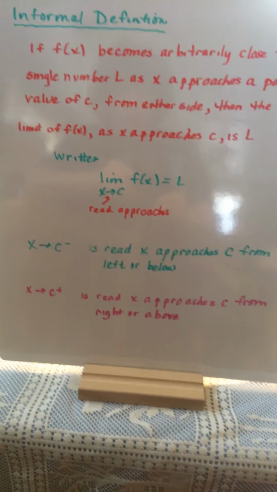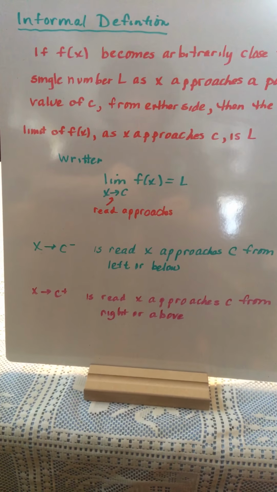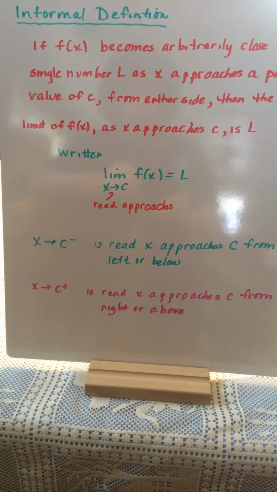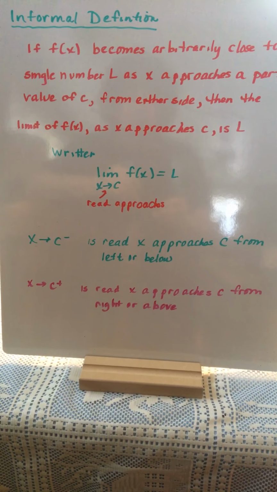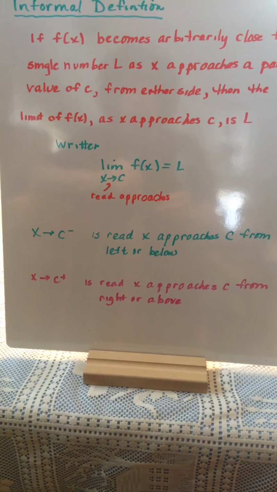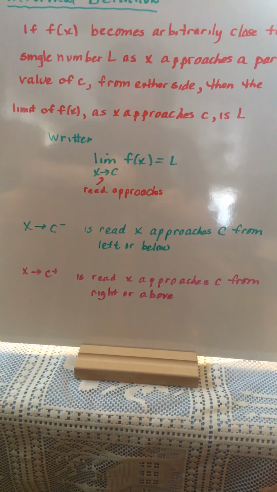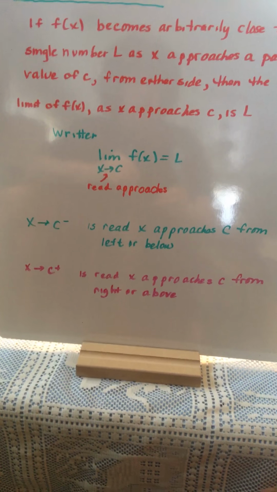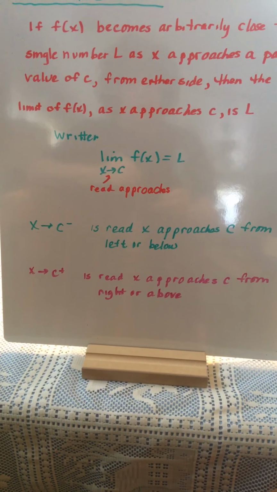Now, when we talk about approaching from below or from the left, we write x arrow c with a little negative sign where you would have an exponent. And from above or from the right, you would have a little plus in the exponent position. As you approach your number c, it will always be a number. It will not be 2 squared, it would be 4. And if the number is negative or positive, that would be indicated in front.